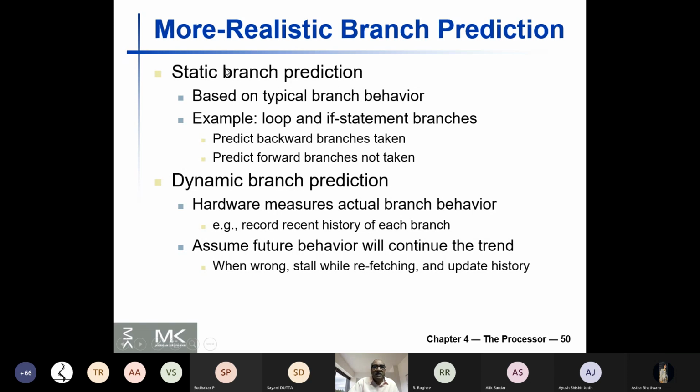So this is the static branch behavior. That means we are not bothering about the previous branches. We don't take any history at all. Just by looking at the branch statement, if the branch is under a loop or is simply an if-else, you take a decision whether the branch will be taken or not taken.